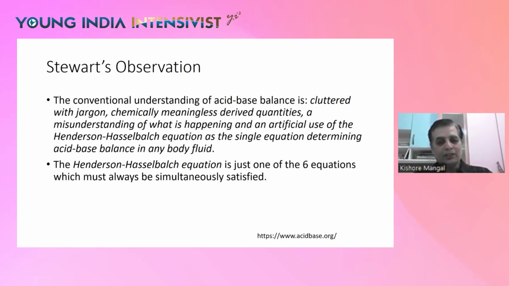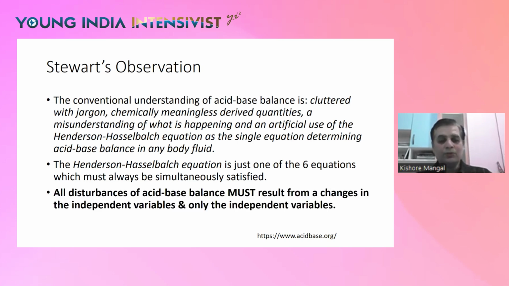What he continues to say is that the Henderson-Hasselbalch equation is just one of the 6 equations which must always be simultaneously satisfied. So by using his mathematical skills and the principles of physiology, biochemistry, and others, he was able to deduce 6 equations, and the HH equation was just one of them.